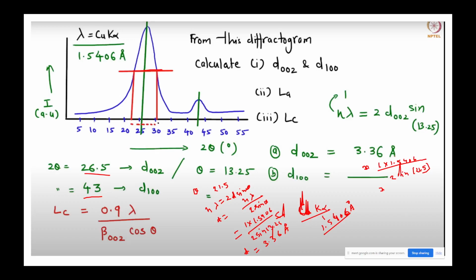So your d for 100 would be 2.10 angstrom. That is d100. I hope it is clear to you.